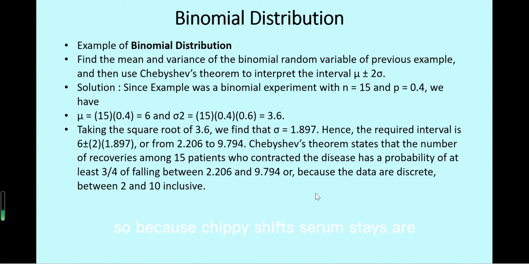Because Chebyshev's theorem states that between mu minus 2 sigma and mu plus 2 sigma, the probability for any distribution is larger than or equal to 1 minus 1 divided by 2 squared, which equals 1 minus 1 divided by 4, which equals 3 of 4.